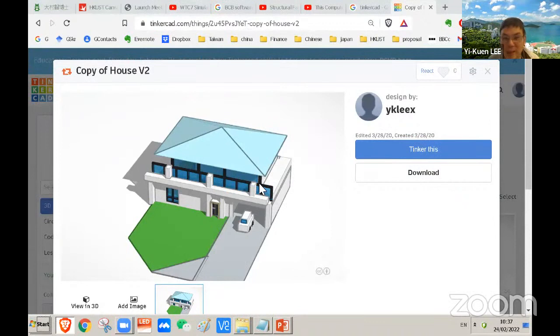Of course, the good thing about this kind of online CAD program is you can easily find the designs people share on it. I think it's a powerful way to learn about this.